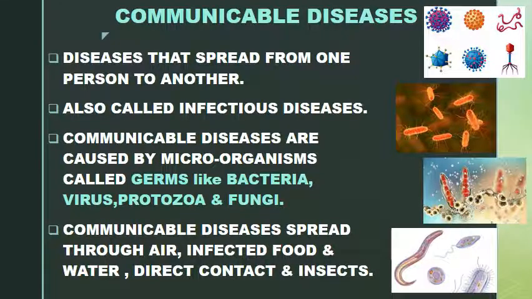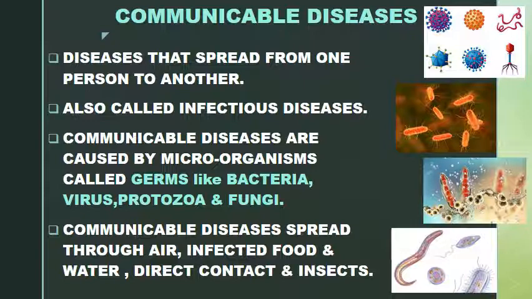Now we will study about communicable diseases. So students, the diseases that spread from one person to another are called communicable diseases. They are also called infectious diseases. These diseases are caused by microorganisms which we call germs.